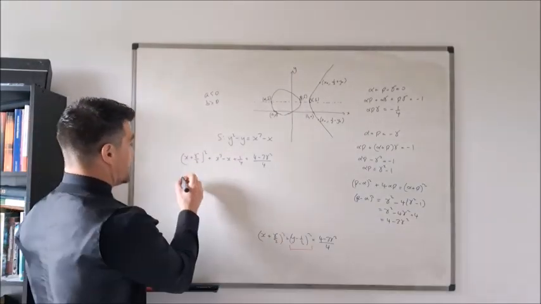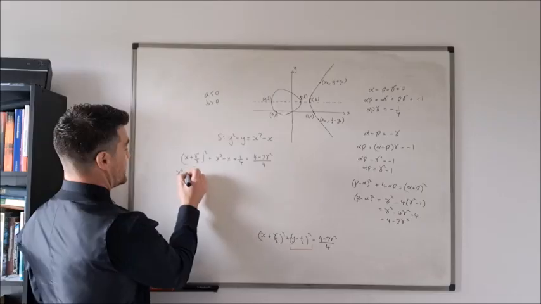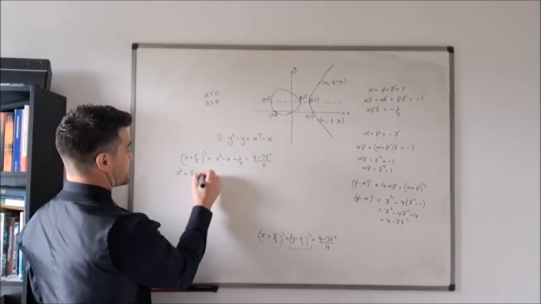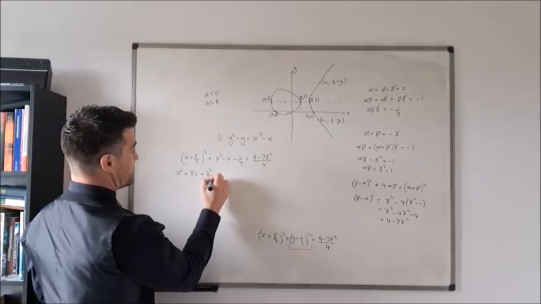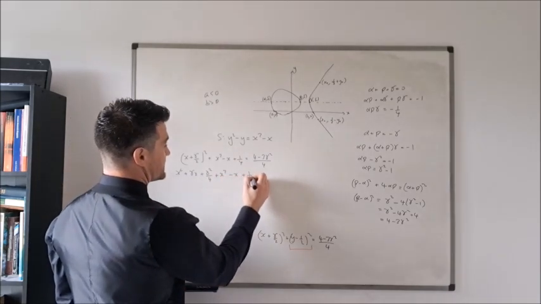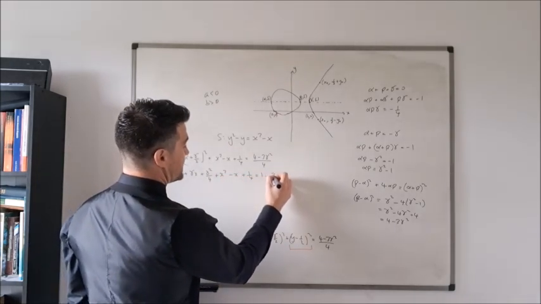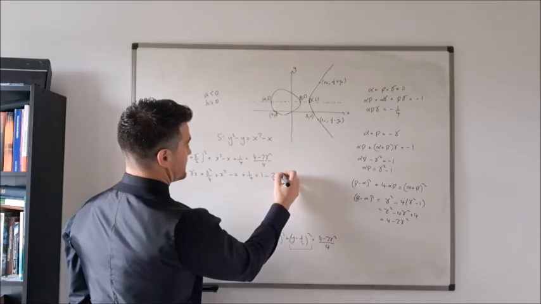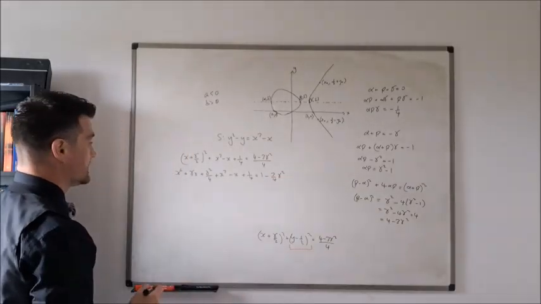Expand and simplify. So let's do that. x squared plus gamma x plus gamma squared over 4, plus x cubed minus x plus a quarter, equals 1 minus 3/4 gamma squared.